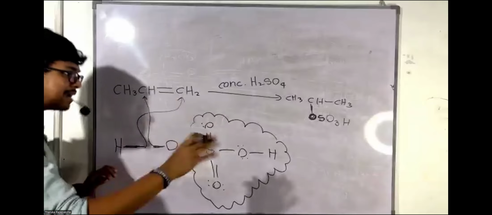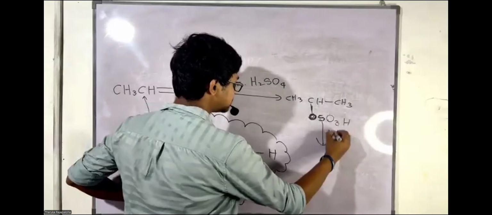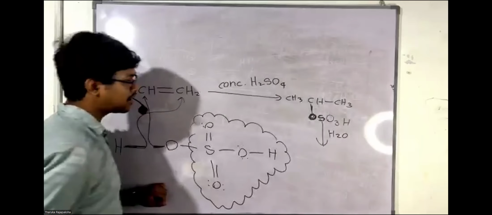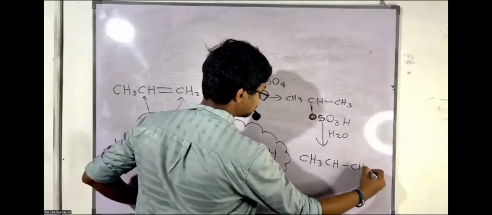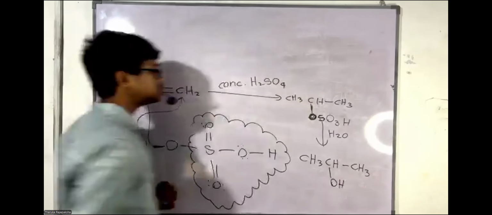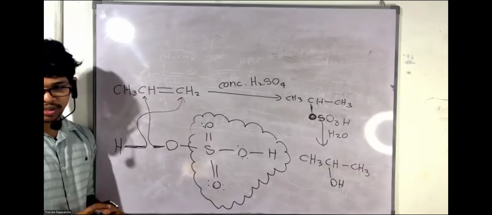And then after that, we are going to add water. Now what happens? This whole thing converts to an OH group. So you have CH3, CH3, and OH. Right?